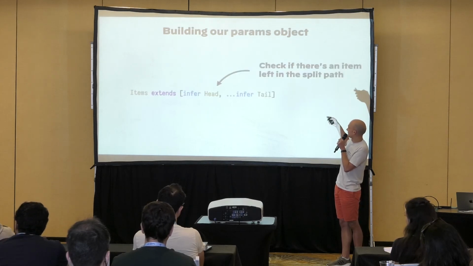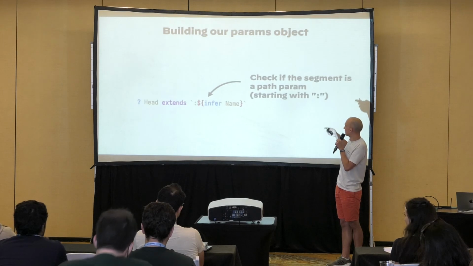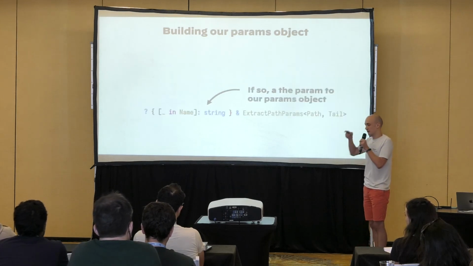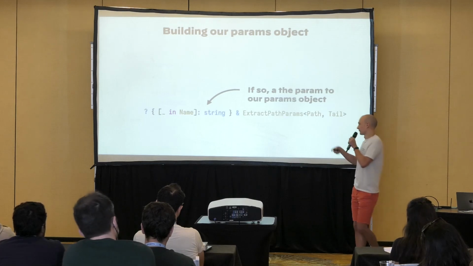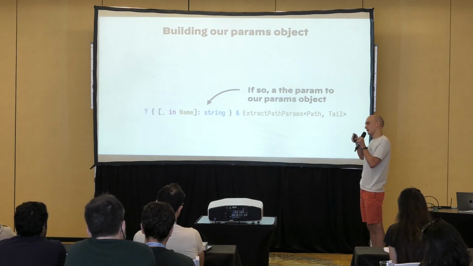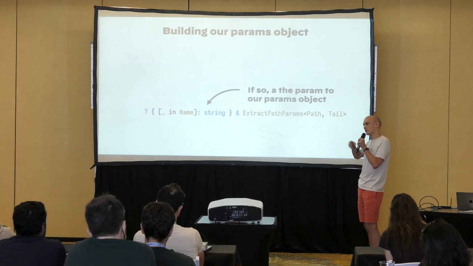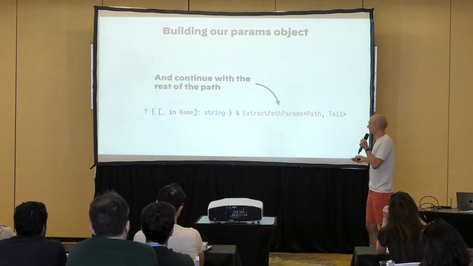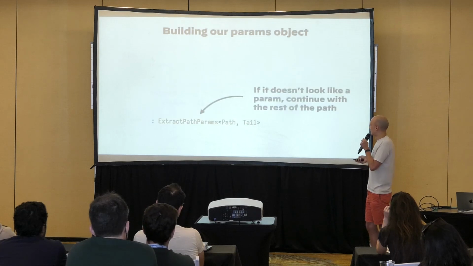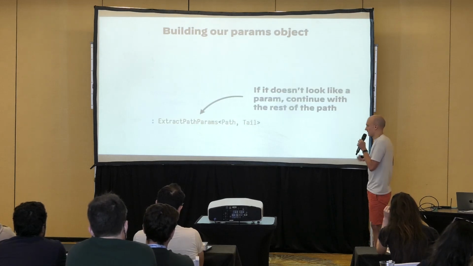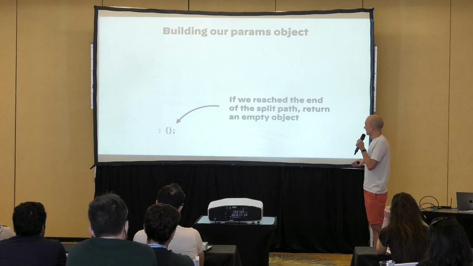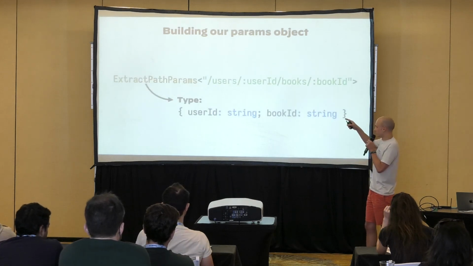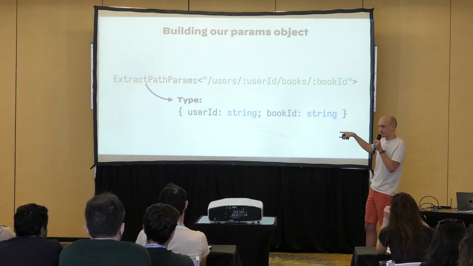We check if there's something at the end, and if it starts with two dots, we extract the name and we say it's a string. And we do an intersection to say, hey, now finish using the rest of the array. If it doesn't, we skip because it's not a param. And at the end, we return an empty object. So using this method, you will have this.